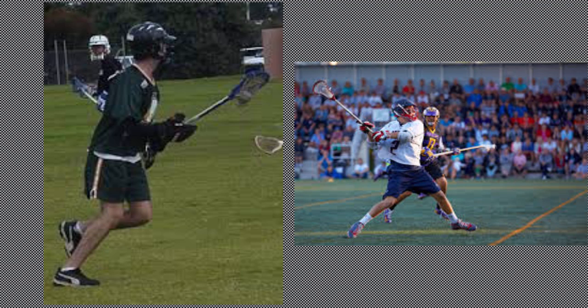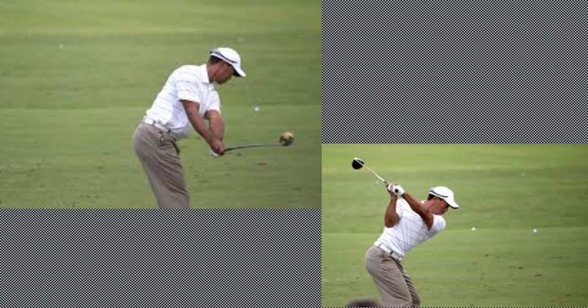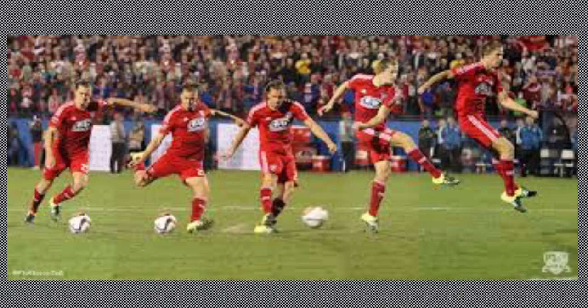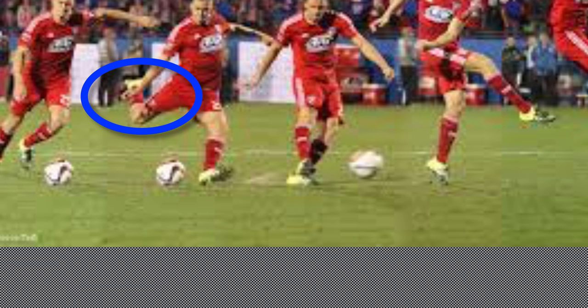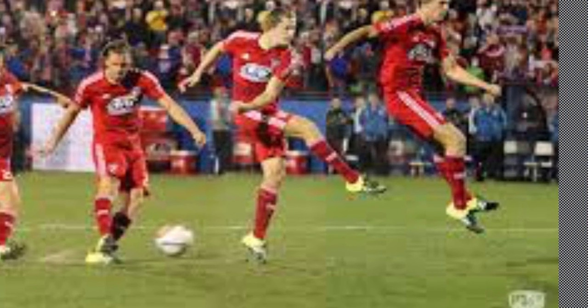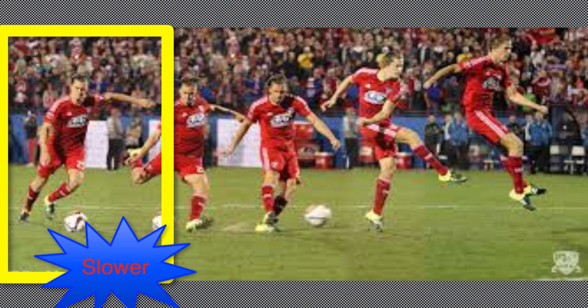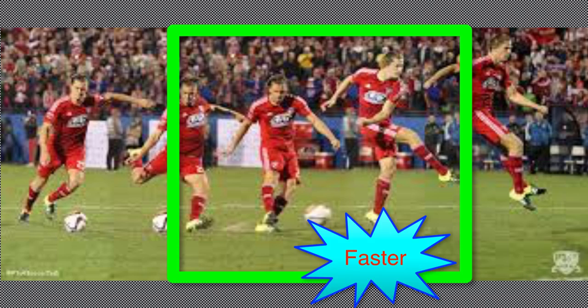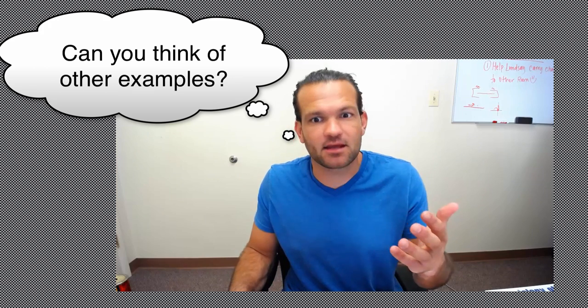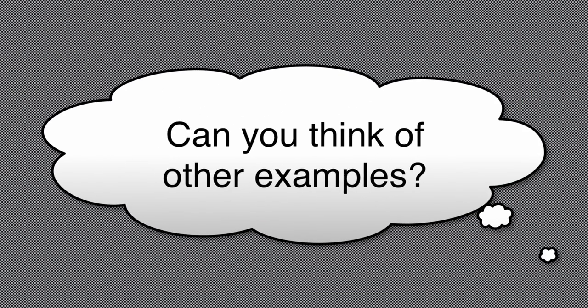How about the slower backswing of a golf player taking a swing off the tee? What about the soccer player extending their opposite arm fully and slowing their backswing of their leg slightly before the actual swing forward of the leg as they come and make contact with the ball? The initial movements are quite slower than when compared to the latter parts. Can you think of other examples?